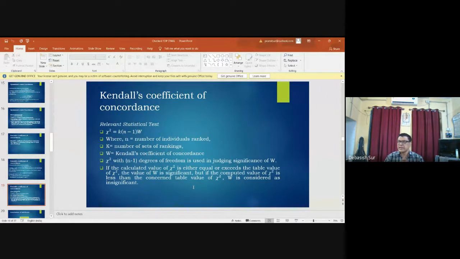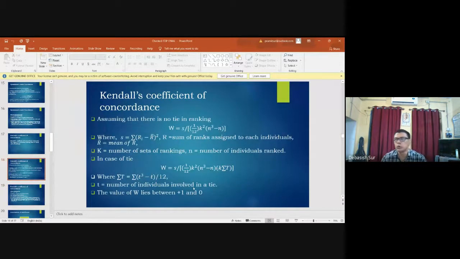If n is lower than or equal to 7, where n means number of individuals under consideration, that means if we consider 50 students, or 50 companies, or 50 objects, then we have to compare the computed value of S with the table value of S, in order to examine whether the computed value of Kendall's coefficient of concordance is statistically significant or not.